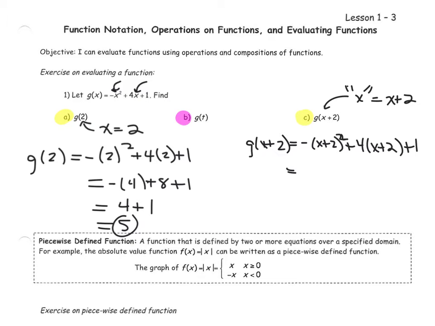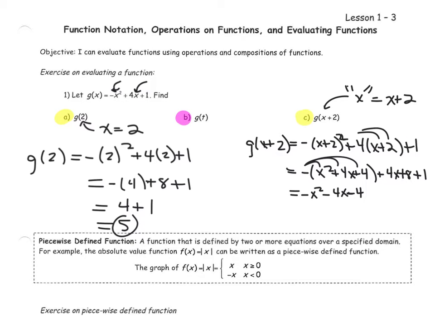Okay, I'm just going to skip over the double distribution. You guys should know how to double distribute. We end up with x squared plus 4x plus 4 plus distribute. We have 4x plus 8 plus 1. Okay, just combining like terms here, so let's distribute here as well. I'll have negative x squared minus 4x minus 4.